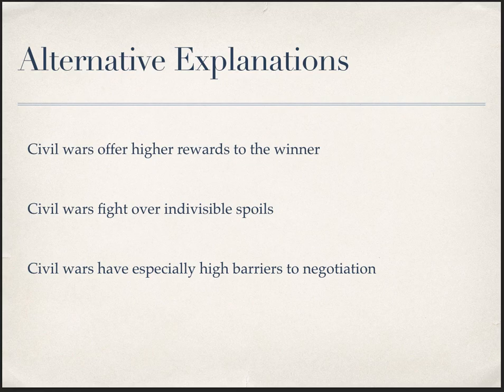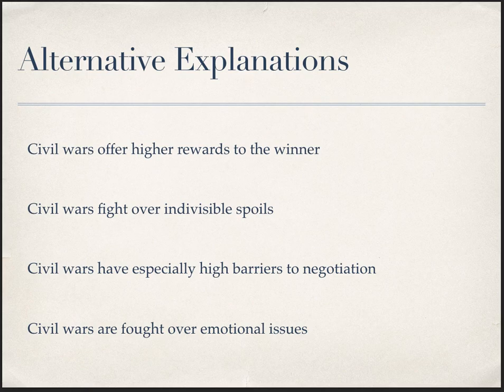It's actually hard to put together a negotiation. The technical challenges of that negotiation are just too high. And lastly, maybe civil wars are really emotional. Maybe we go to international war for broadly rational reasons, as we've discussed in our international war unit, but at the same time, we fight civil wars over emotional issues.